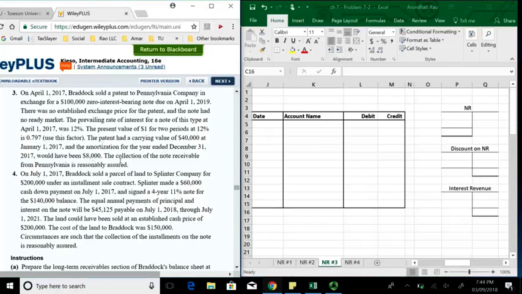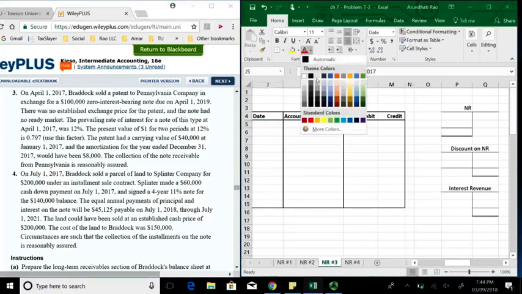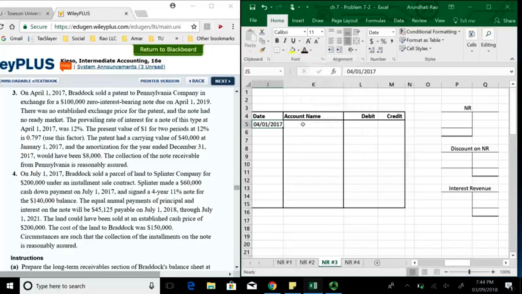So there's several things happening over here. I have a note, I have a patent. I sold the patent on April 1st. So one of the first things we need to do is, on April 1st, let's calculate the book value of the patent. In order to calculate the book value of the patent, we need to amortize it. So the journal entry for that is amortization expense debit, patent credit.